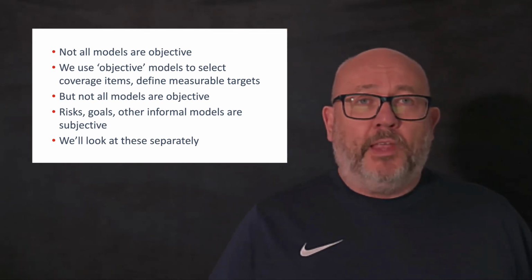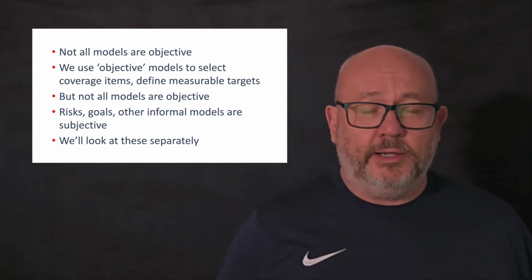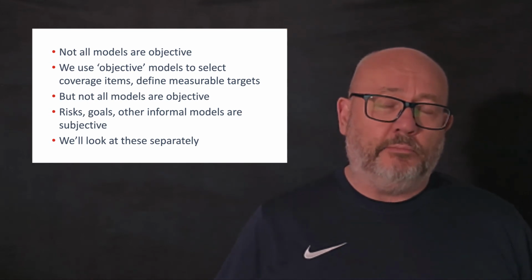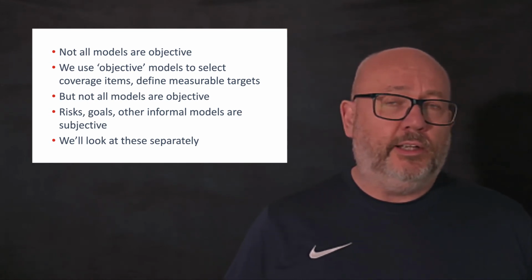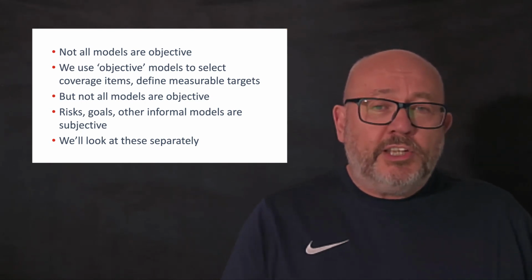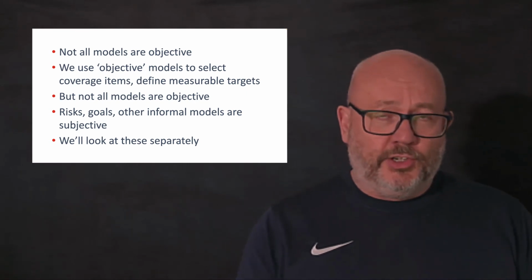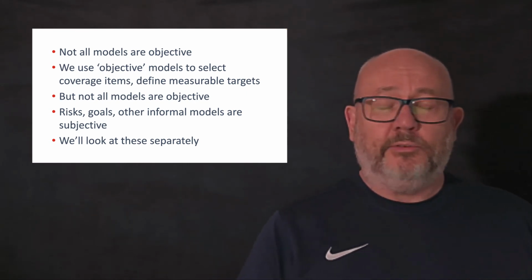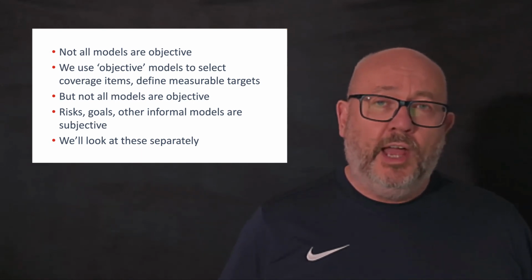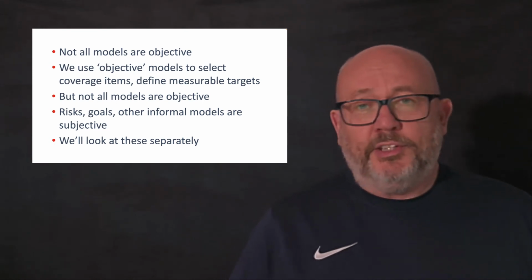That is, if we create a business process and we have a flowchart or swim lanes and we use paths through that model to pick up decision outcomes in the flowchart, for example, we can say that that model is objective on the basis of we can all recognise decision outcomes on a flowchart, and we can recognise paths that exercise those business outcomes. And when we've covered all those business outcomes, the decision outcomes rather, we can say we're done.